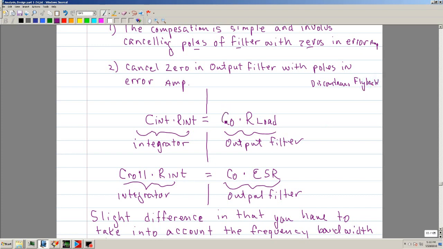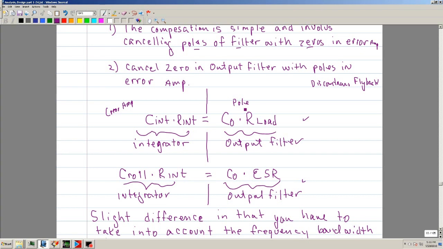This is the output filter, and these are the error amp. Basically this equation, which is the output filter and your load, forms a pole.